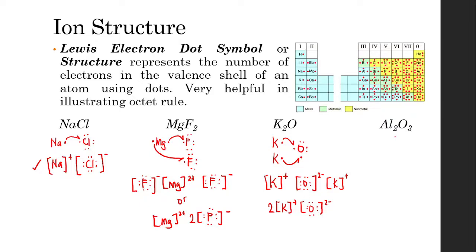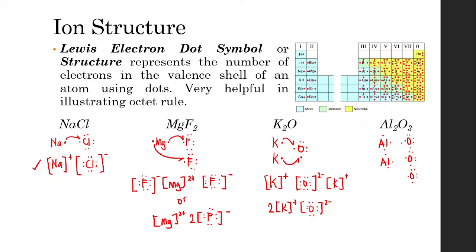And lastly, aluminum oxide, Al2O3. Aluminum is found on group number 3, so we will have aluminum 1, 2, 3, aluminum 1, 2, 3, and we will have 3 oxygen, each with 1, 2, 3, 4, 5, and 6.